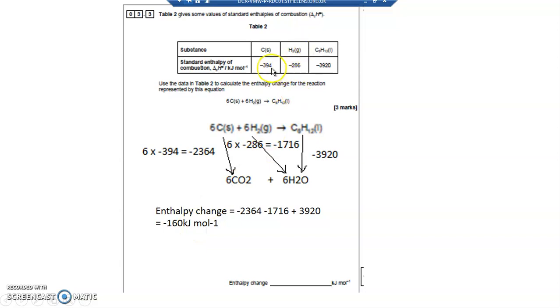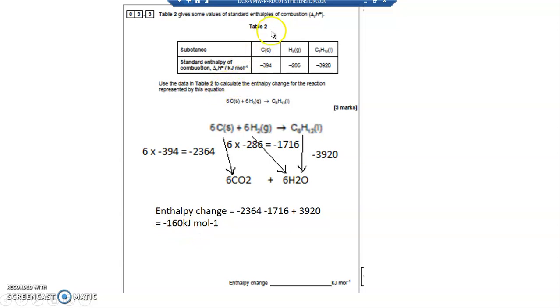Let's just have a quick look. Oh, sorry, all of these are in kilojoules anyway. So minus 2364 minus 1716 add 3920 comes out as 160 anyway. So I don't need to do any conversion.